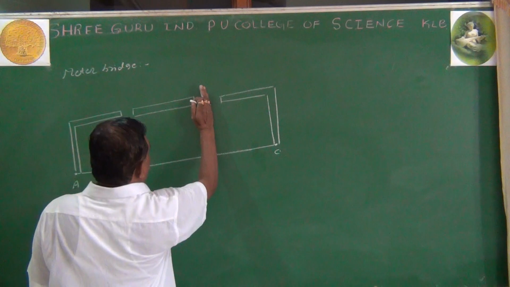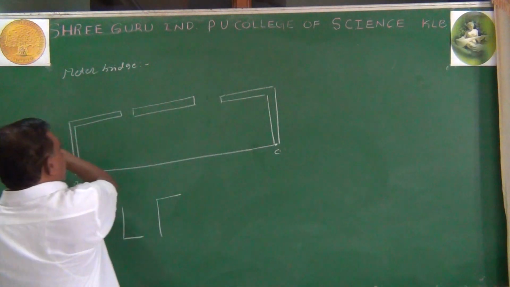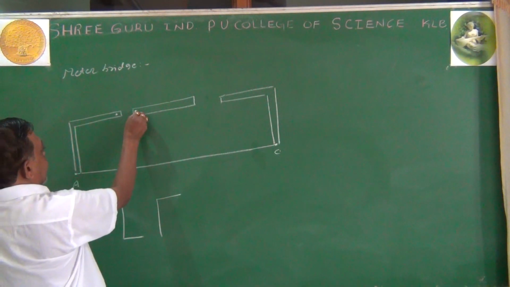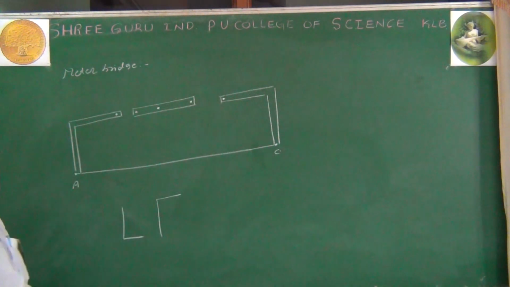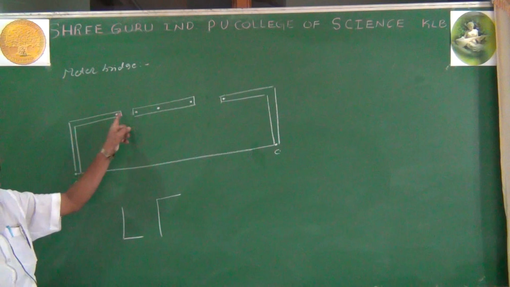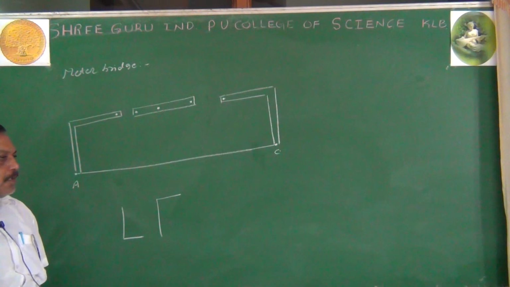One is the right gap, another one is the left gap, provided with binding screws for electrical connection. Now these are the binding screws to have the electrical connection in the circuit.